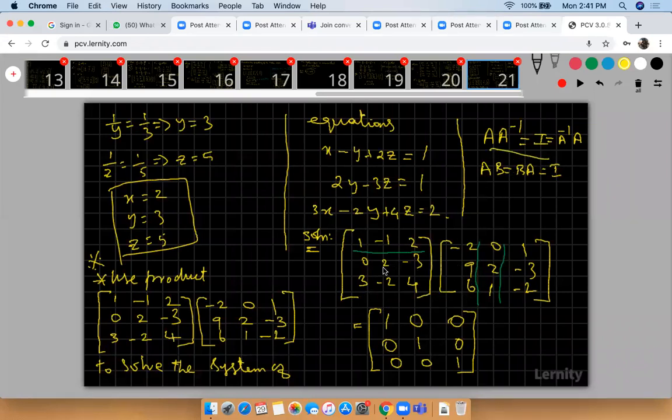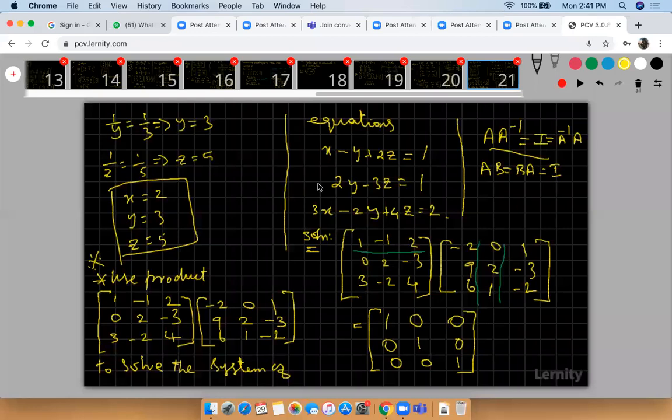Okay, right. I'm going to take this as my A. Why? Because now look at here, 1, 0, 3 is the first column. In the given system of equations also, what are the coefficients of x?